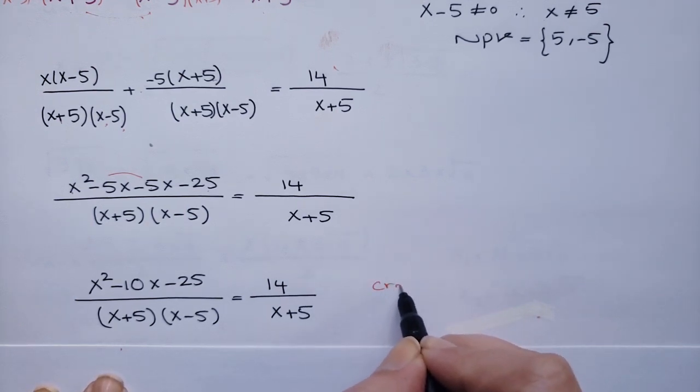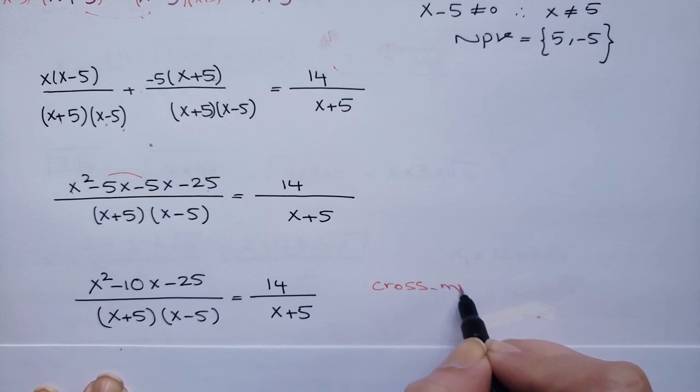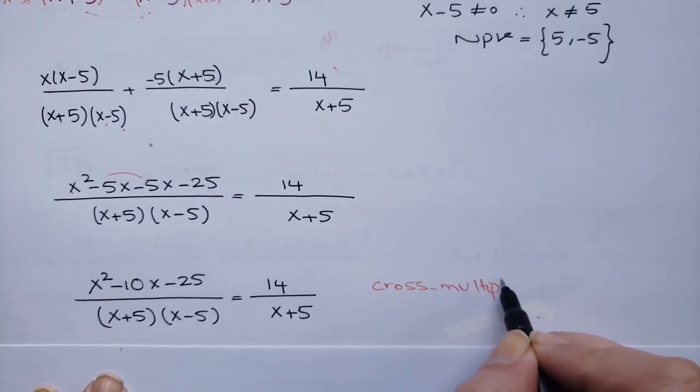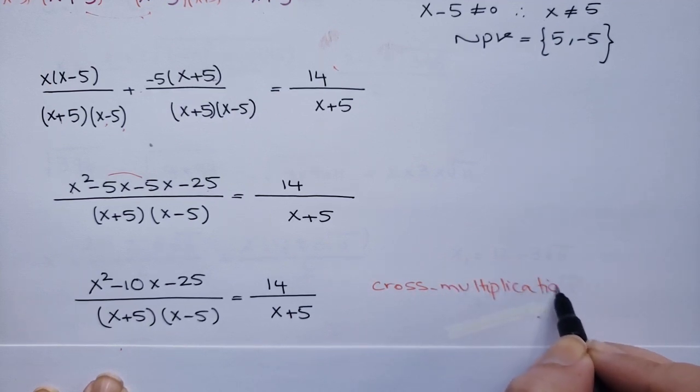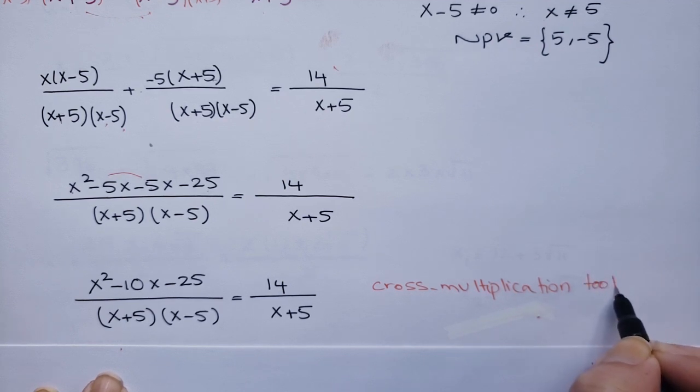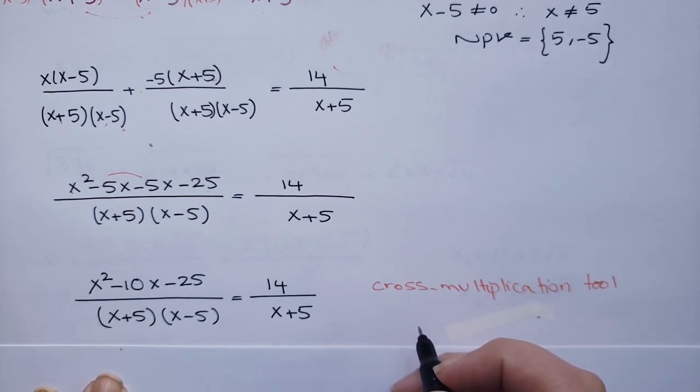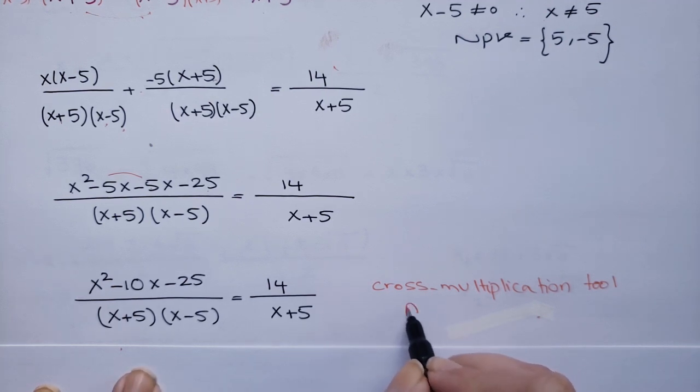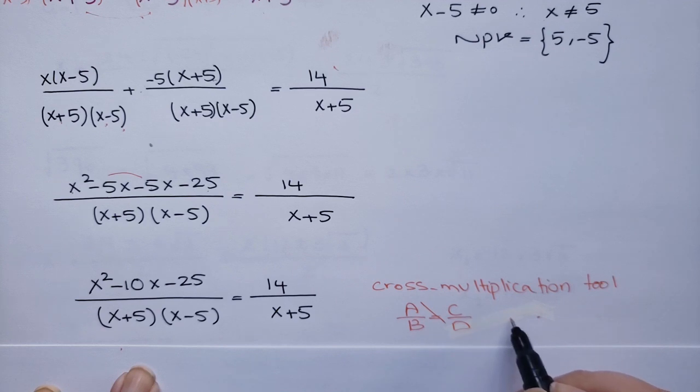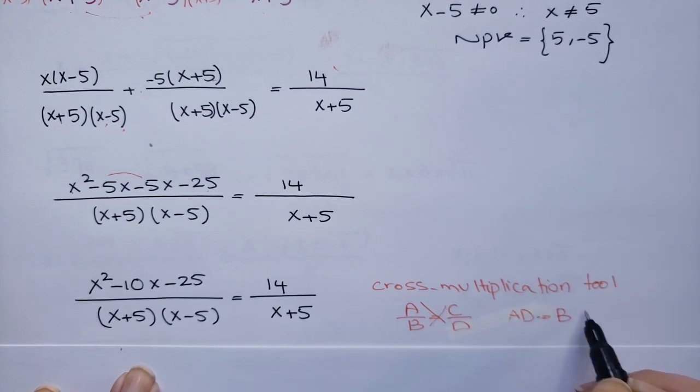Just to remind you, cross multiplication, remember, this is the most important tool you need to solve rational equations. A quick reminder: one fraction on either side, a times d should be equal to b times c.